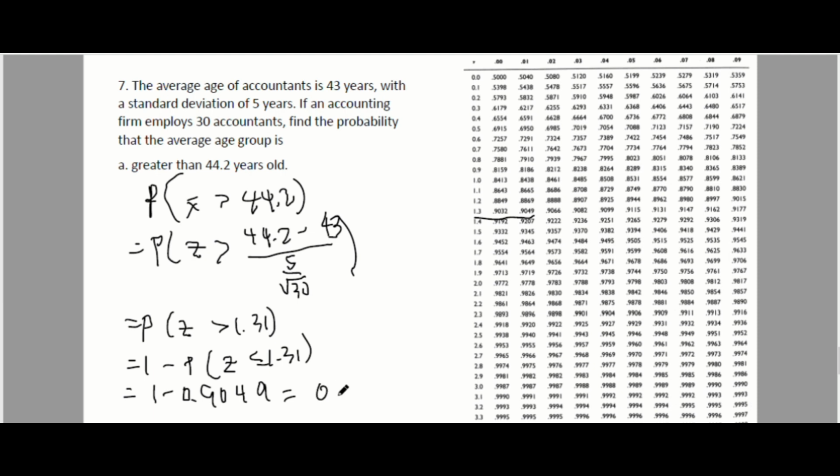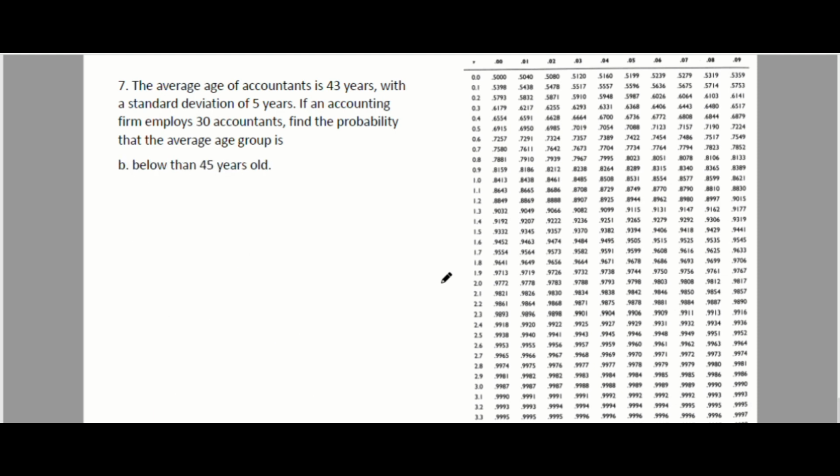So this is 0.0951 or 9.51%. So the probability that the average age of these 30 accountants is greater than 44.2 years old is very small. It's 0.0951.